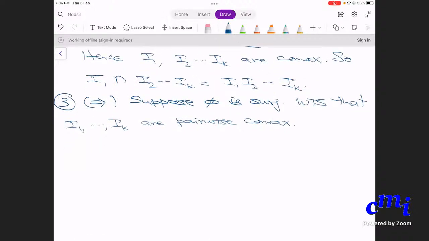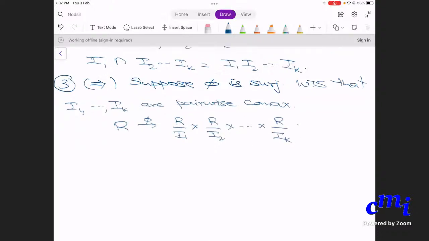So remember that phi goes from R to R mod I1 cross R mod I2 cross R mod Ik. So I know that phi is surjective. That means no matter what element I take in these products, there will be some element of R which under phi will go to that element.